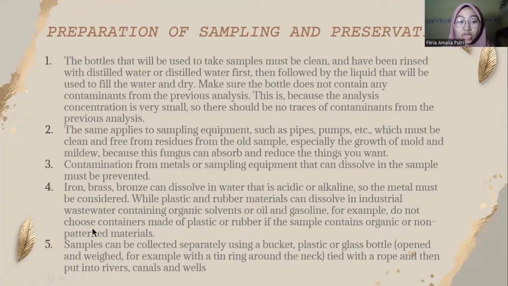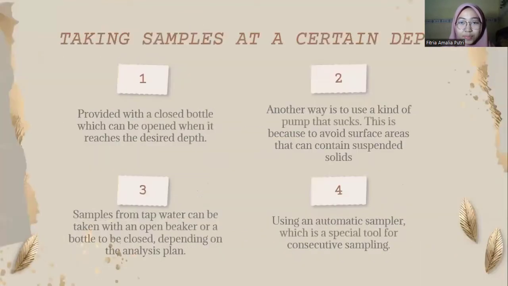And the last, samples can be collected separately using a bucket, or a plastic or glass bottle, opened and weighted, for example with a thin ring around the neck, tied with a rope, and then put into rivers, canals, and wells. And this is taking samples at a certain depth. In the first, use a closed bottle which can be opened when it reaches the desired depth.